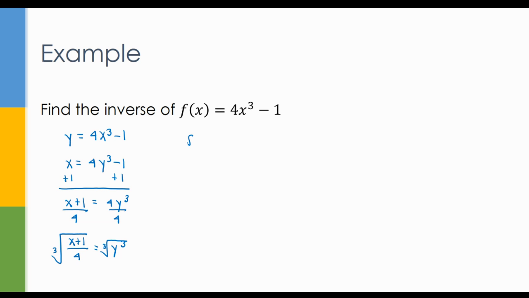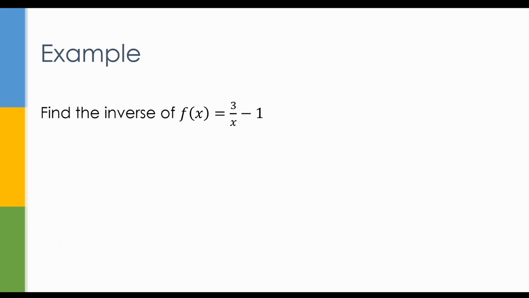So that means that f inverse of x is going to be the cubed root of x plus 1 all over 4. And then once again, I could verify this by doing the compositions on either side. I'm not going to do that this time, but it is definitely something that you could do to double check if you are unsure.